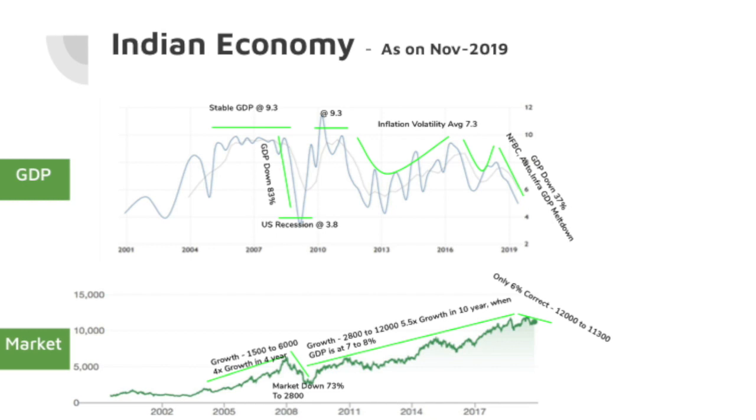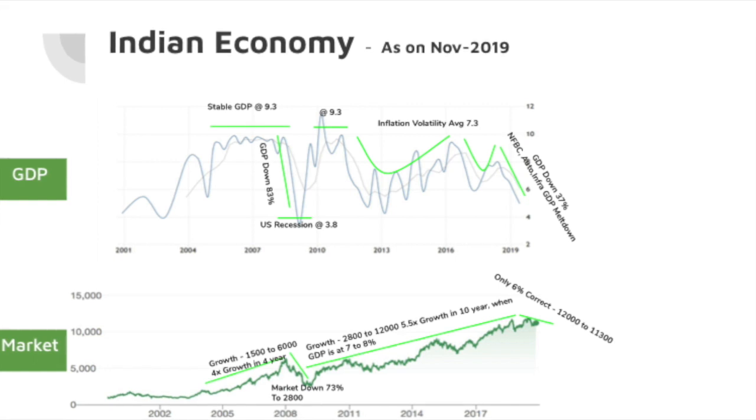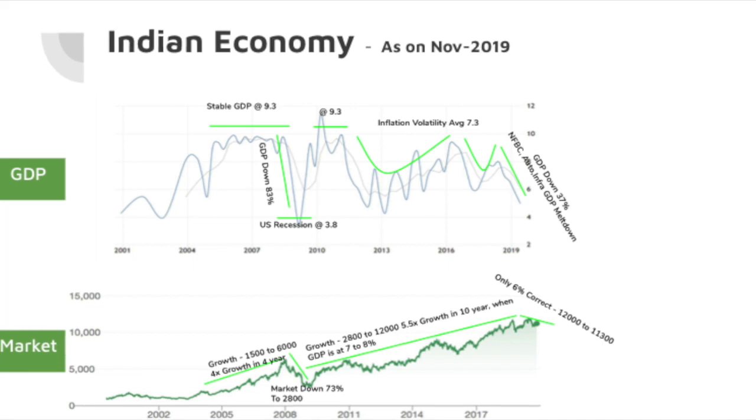close to the 2019 time frame, our GDP was trending at an average of 7.3 percent. During the same period, from 2010 to 2019, where we had inflation volatility starting from 6.5% to 8%, right, our market was on a growth path.